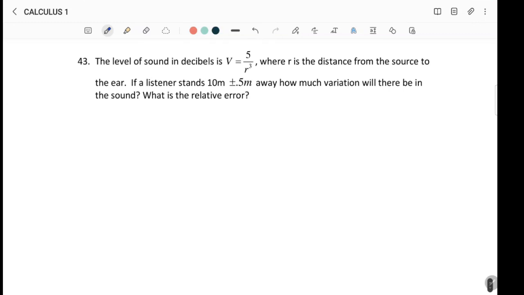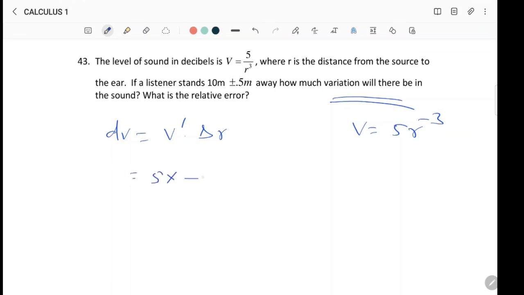Okay, the level of sound in decibels is given. The listener stands... Okay, how much variation will there be in the sound? What's the relative error? We just need to find the error first. So dv is v dash times delta r. What is v, guys? We have 5 times r to the power minus 3.